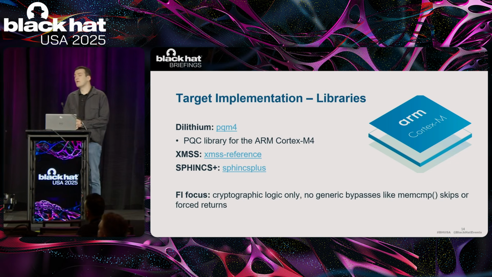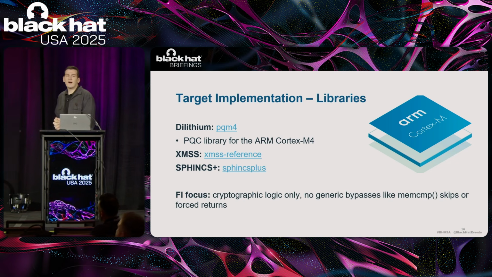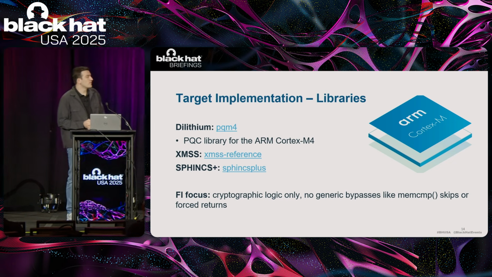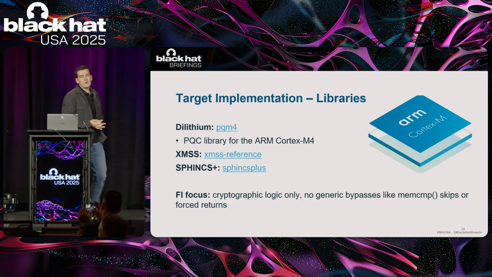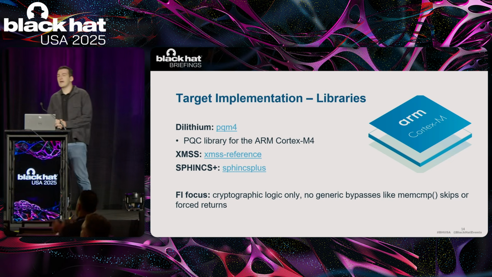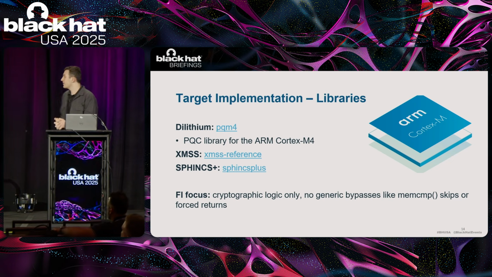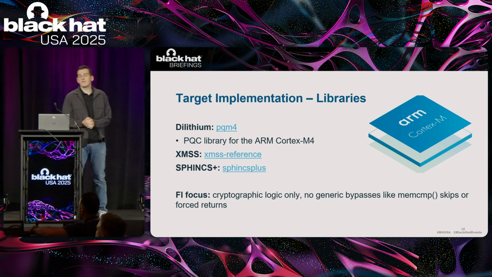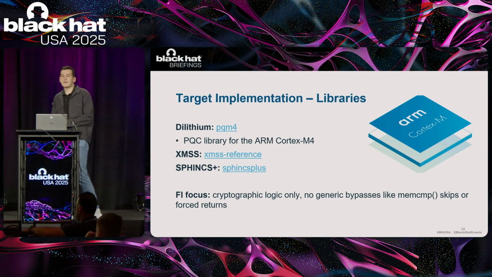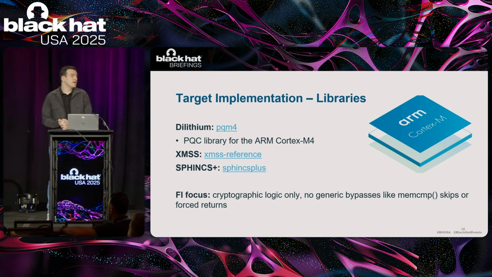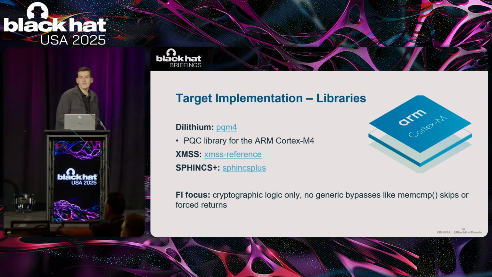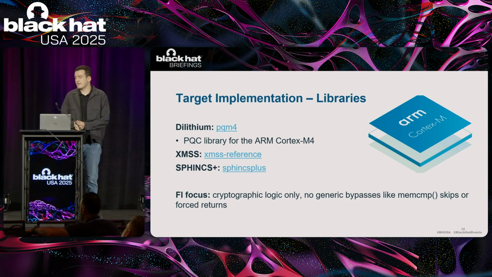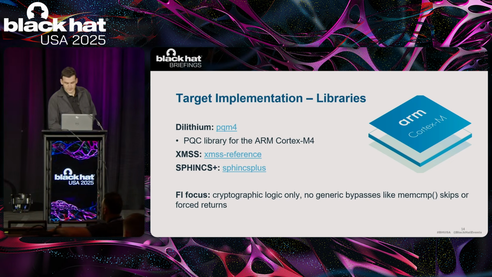For our fault injection focus, since these libraries weren't written to be fault injection resistant, we only consider the cryptographic logic as a threat, and we only attack the cryptographic logic. We didn't consider generic fault injection bypasses like memcompare skips or forced returns as a threat, because we expect that secure vendors already know how to handle those.